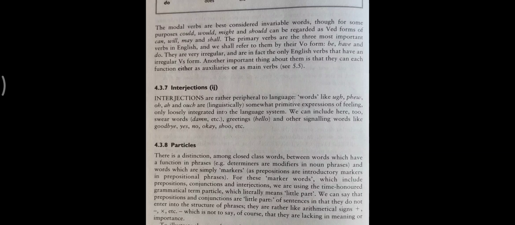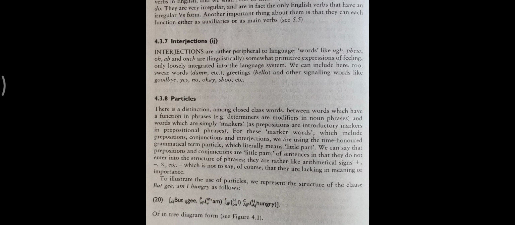Then we have particles. These are distinctions among closed class words which have a function in phrases. Suppose determiners are used in noun phrases. They are simply markers. Prepositions are used in prepositional phrases. They are also marker words.